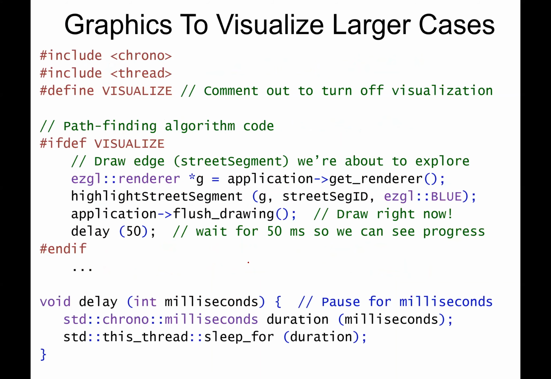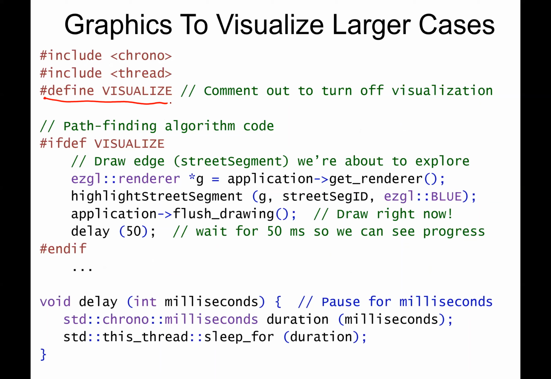Okay, I'm not going to walk through all this code, but this is essentially the high-level code that we use to draw and animate the algorithms that we're showing you in class. So we'll include a couple of libraries, and we want to be able to turn it off. Usually what we do is use define statements.